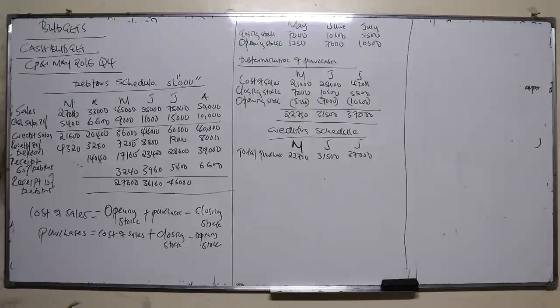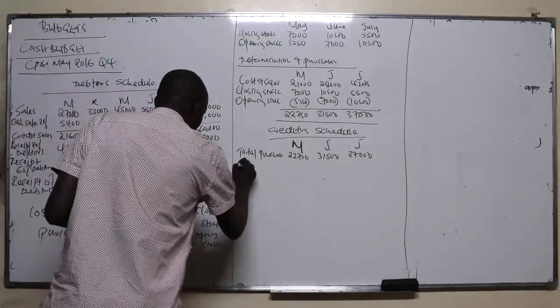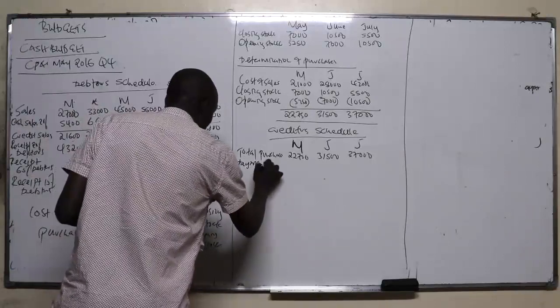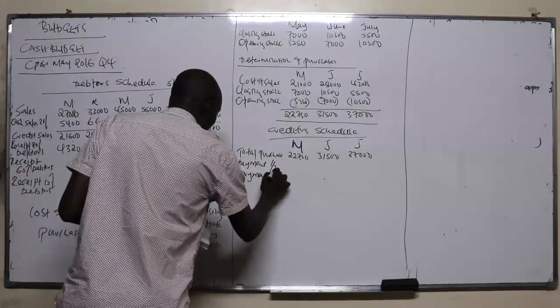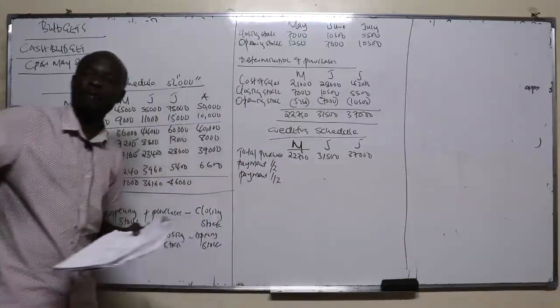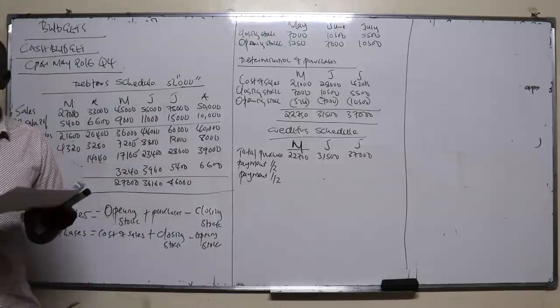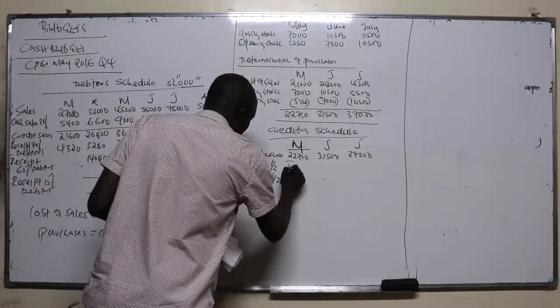So they had arrears. That is, it means the half of April was 11. So a half payment, and then another half payment, isn't it? So in this month of May, we had a half for April, which is 11,100, isn't it?